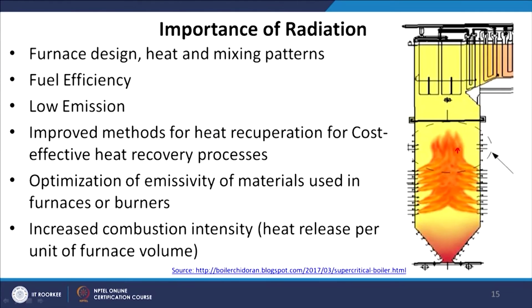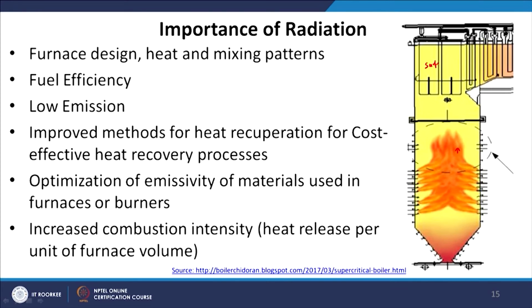Now, why are we studying radiation? Because there are many things that we want to optimize. For example, in a furnace we burn coal, and due to burning of coal we have flue gases forming, these are the flame, and these flames carry heat through convection, but also a significant amount of radiation is there, and this radiation reaches the surfaces in the top part.